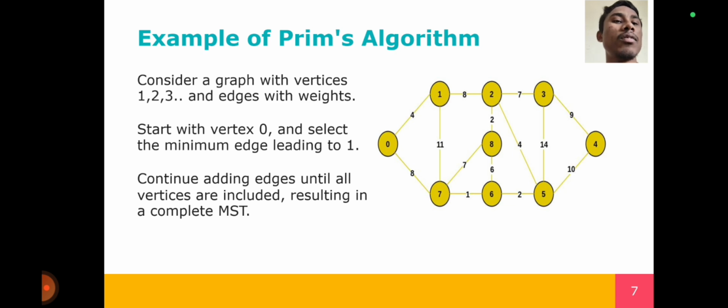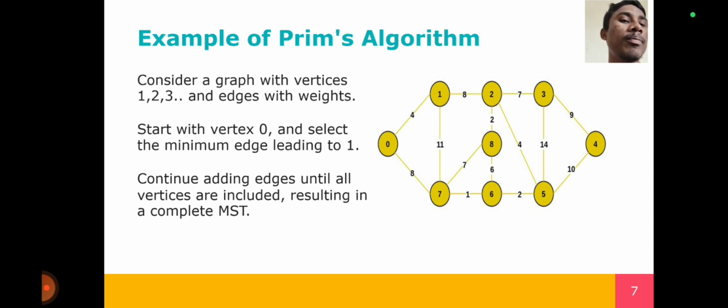Example of Prim's algorithm. Here we see the example in a systematic diagram. The starting vertex is 0, and we select the minimum edge leading to 1. Why did we select vertex 1? Because 0 to 1 has weight 4 and 0 to 7 has weight 8.